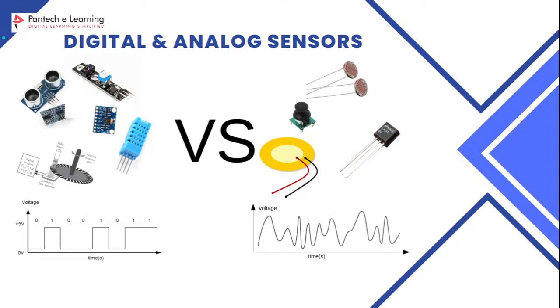Can you drop a single line answer like what is an analog sensor and what is a digital sensor? I just want to know your understanding about these digital and analog sensors.